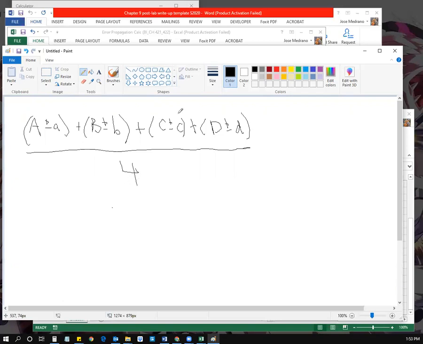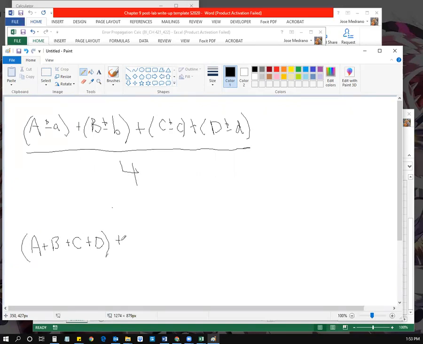You don't need to do traditional error propagation for a sequence of summations. All you can basically do is just do big A plus big B plus big C plus capital D, and that will be your resolved summation.